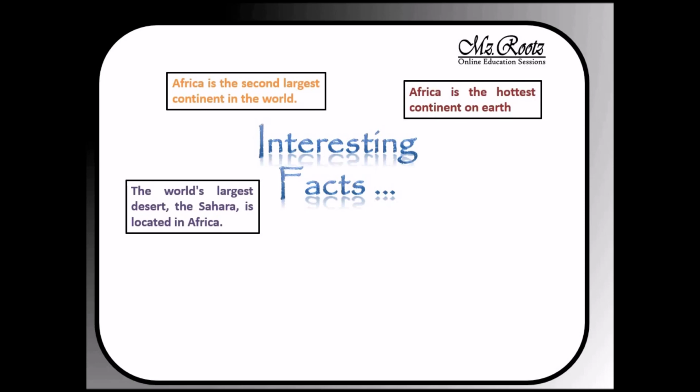The Sahara is located in which region of Africa? Do you remember which direction, which part of Africa the Sahara Desert lies? And a higher order level thinking question would be, which tropic does the Sahara Desert lie on?